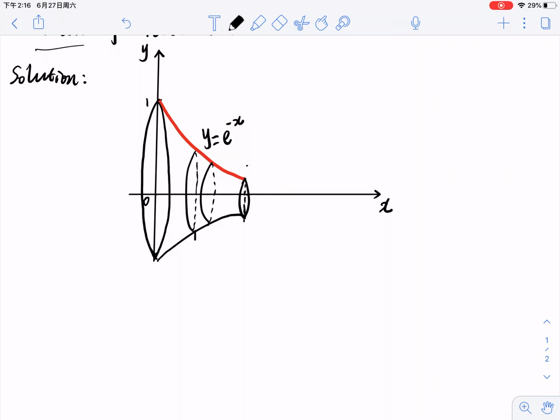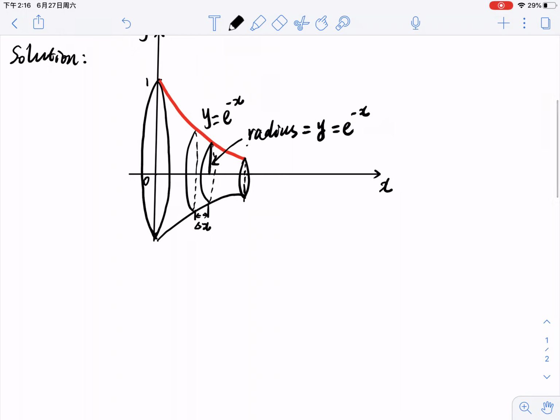So from here to here, this is delta x. And the radius of this disk, this is the radius. The radius is y. So y is e to negative x.